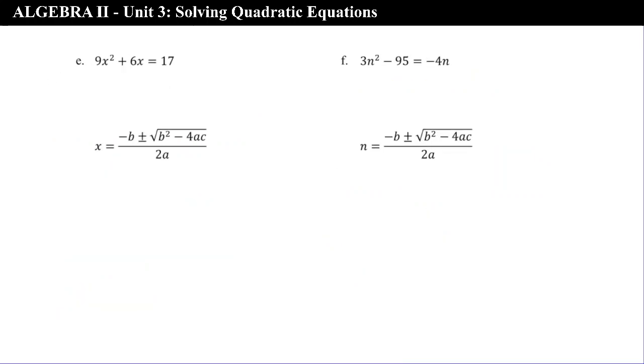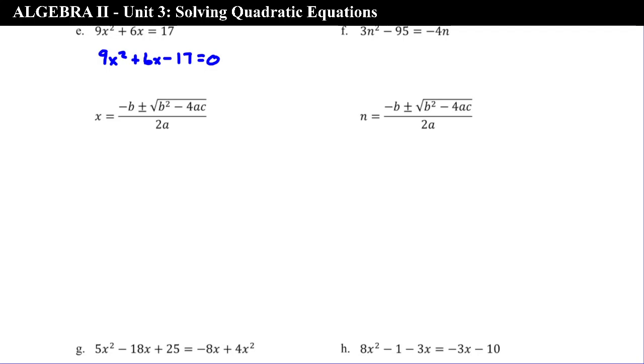All right, let's move on to this next example. Again, we are going to have to get everything on one side with 0 on the other, so we have it in standard form. That gives us 9x squared plus 6x minus 17 equals 0. And then from here, we're just plugging into the quadratic formula.